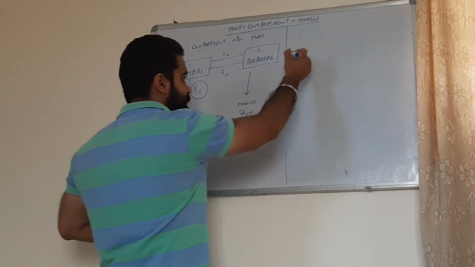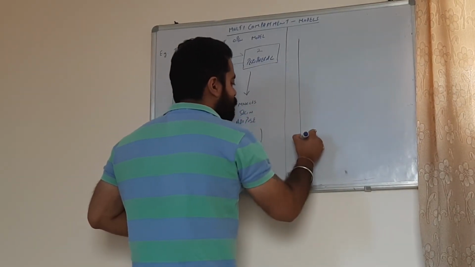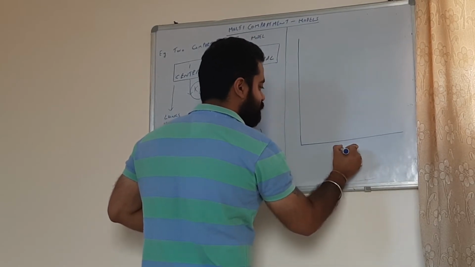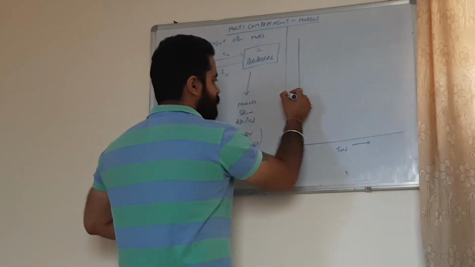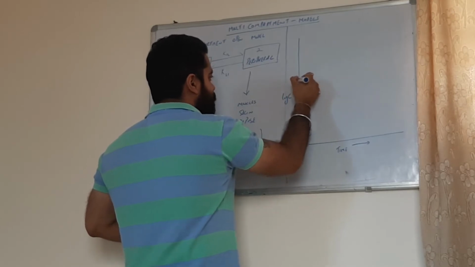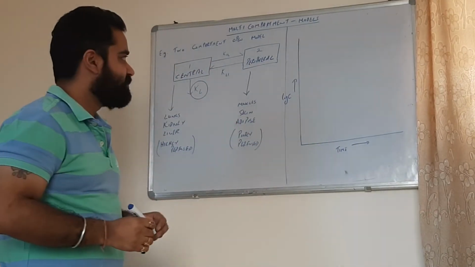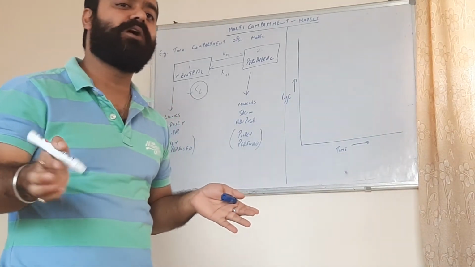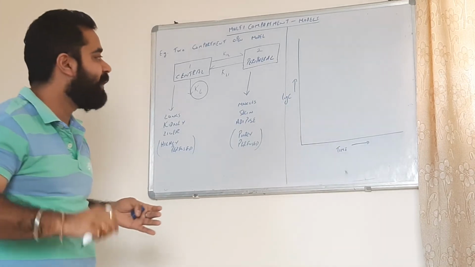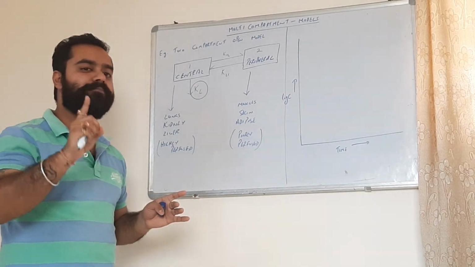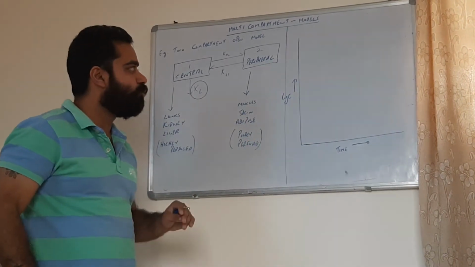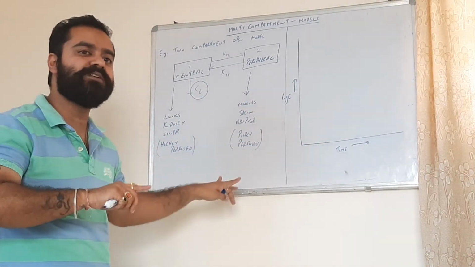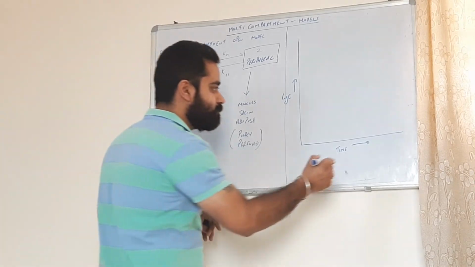Now, considering a two compartment or multi-compartment model, if we make a curve of log C versus time, a two-compartment model is a two-exponential equation, while a one-compartment model was only mono-exponential. So in the same graph, we are going to show both the phases, distribution as well as elimination.